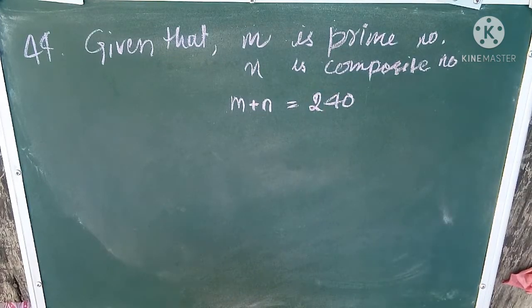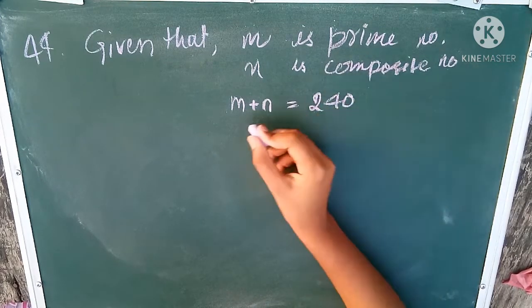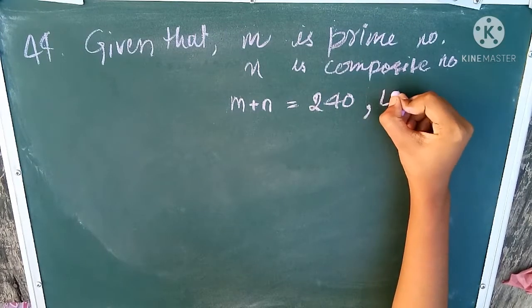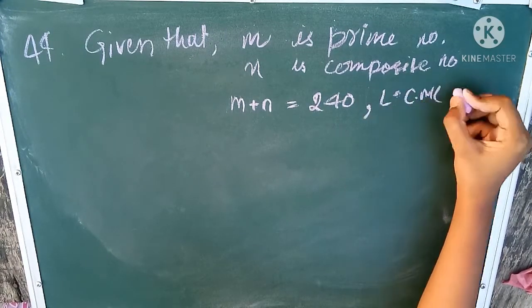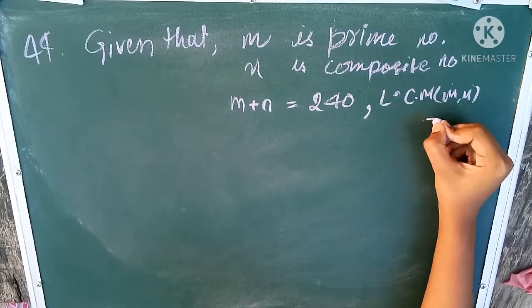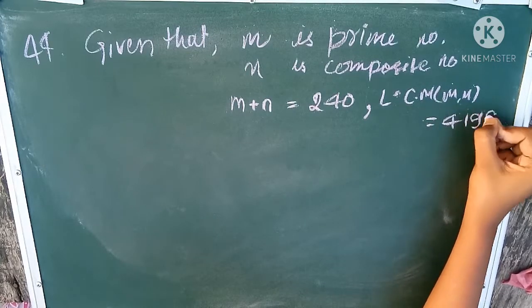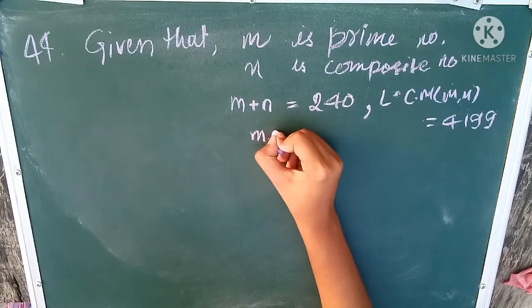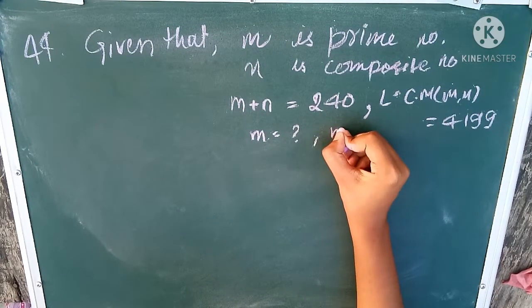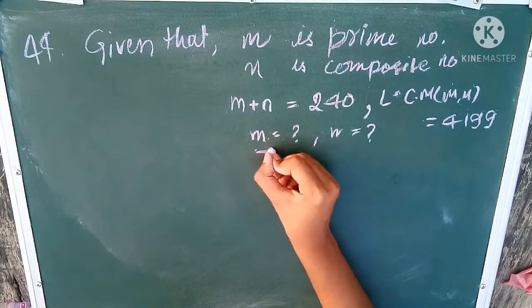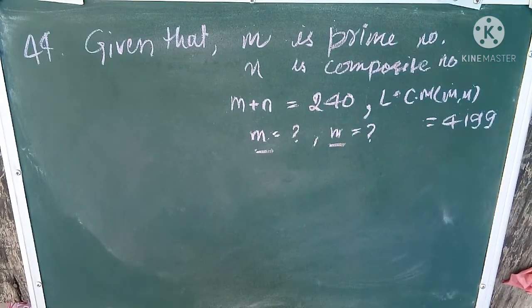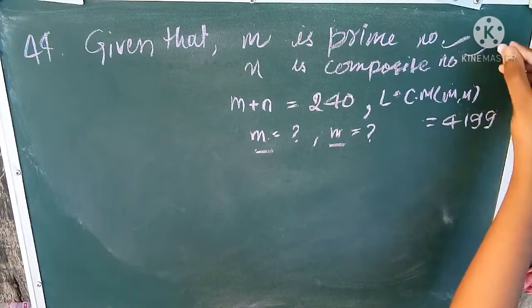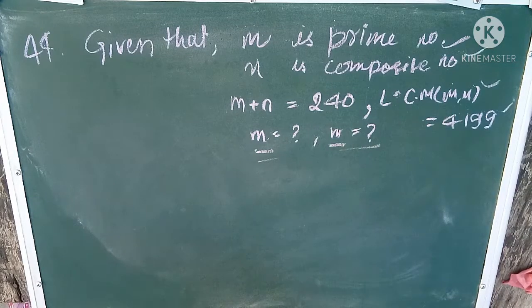And the fourth thing which is given in the question is the LCM of m and n, which is equal to 4199. Now what we need to find is the value of m and n, using these given conditions.